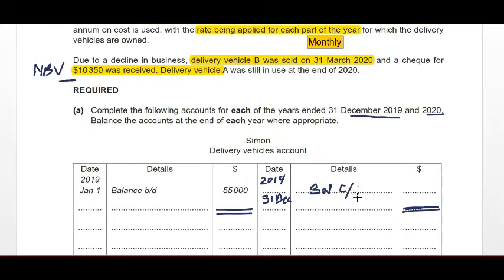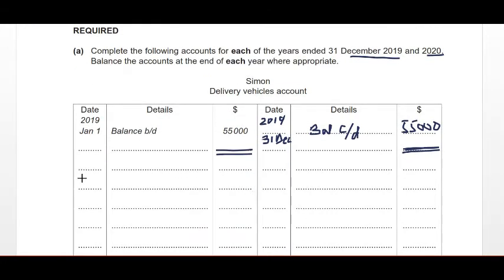So balance CD will be 55,000, which is sum of both the vehicle A and vehicle B. Now we label this as 2020. So we write the same on both the sides, so 2020, and then the January 1st opening balance is the balance CD that we wrote over there, so this will become balance BD, which will be 55,000.